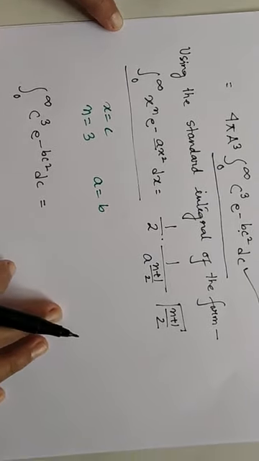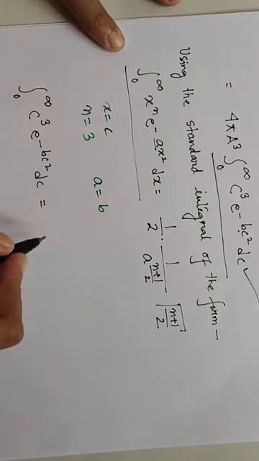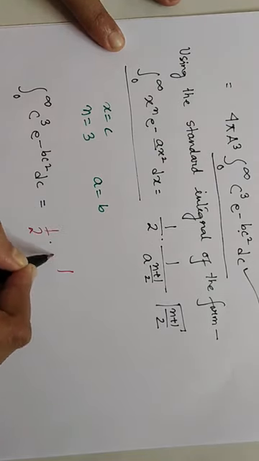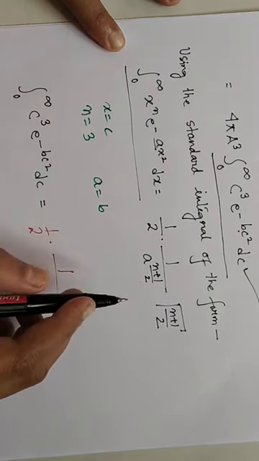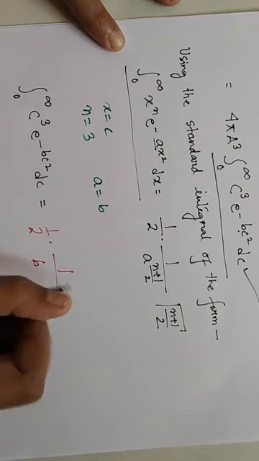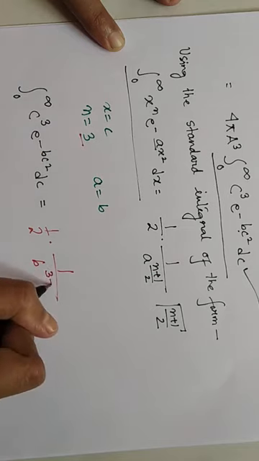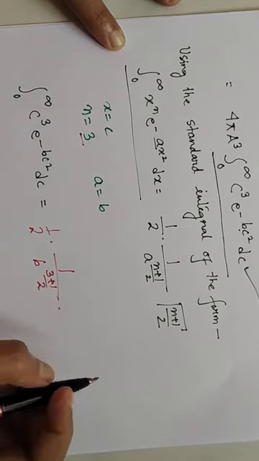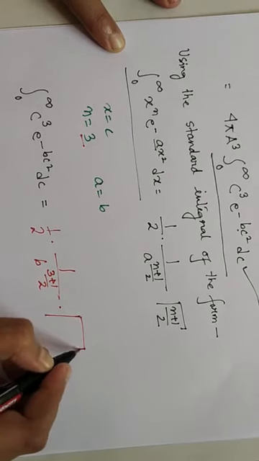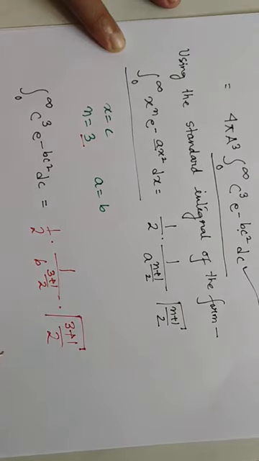So now if we put these values, what do we get? The result should be like this: half, 1 by a to the power (n plus 1) divided by 2. In our case a is b and n is 3, so it will be b to the power (3 plus 1) divided by 2, into the gamma function of (n plus 1) divided by 2, which is (3 plus 1) divided by 2.